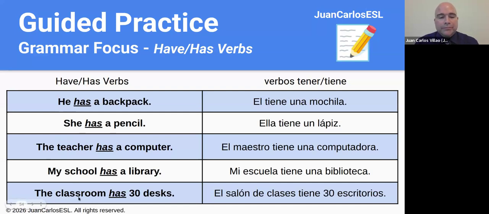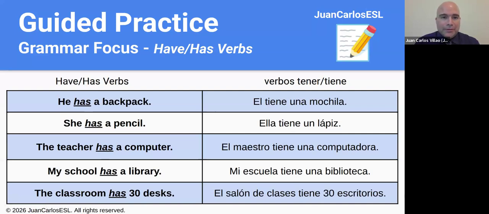They're all third person and singular. So we use has in that form. Entonces, nos corresponde utilizar el verbo has, que en español es tiene.